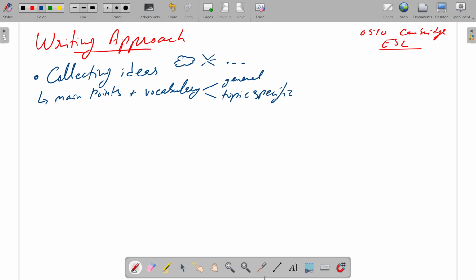So, right, there is general vocabulary and topic specific vocabulary. So that is you're collecting ideas, and then you're also going to write for the main points. You're also going to figure out the sequence in which you're going to mention what's going to happen. Again, because you only have 120 to 160 words, that is not at all a lot, right?